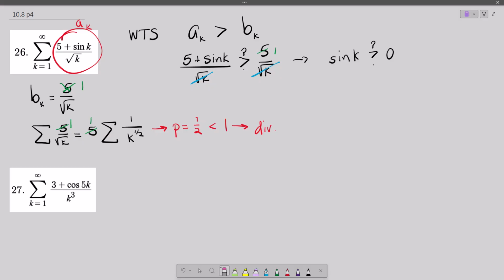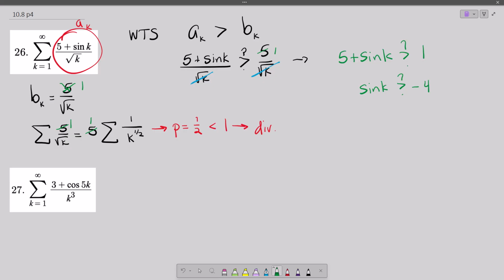Yes. So let's do this inequality all the way out just to make sure you're seeing it. We have 5 plus sine of k. Is this greater than or equal to 1? We subtract off the 5, and we get -4. Sine is always greater than or equal to -1, so this is true.